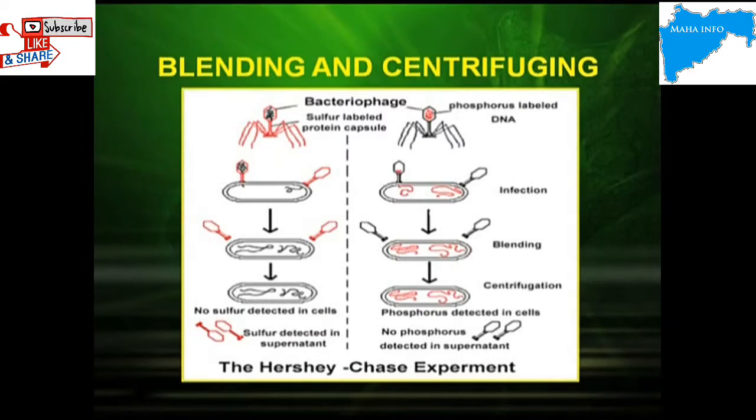On the other hand, they found S35 radioactivity in the supernatant. So the following diagram clearly shows the two experiments performed in parallel, in which they used P32 in one and S35 in the other. The supernatant shows S35. On the other hand, the pellet shows P32.